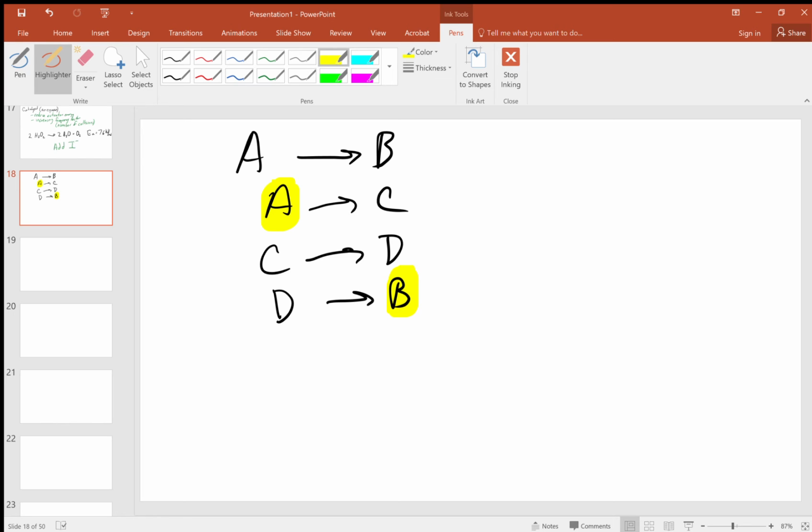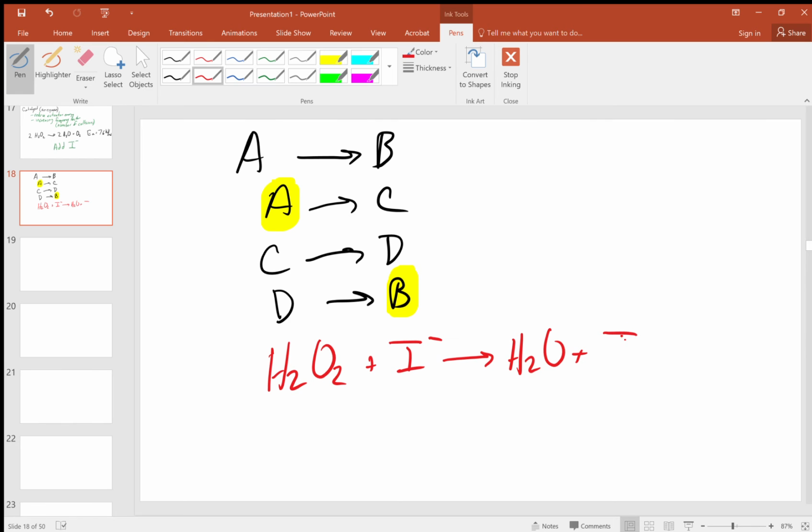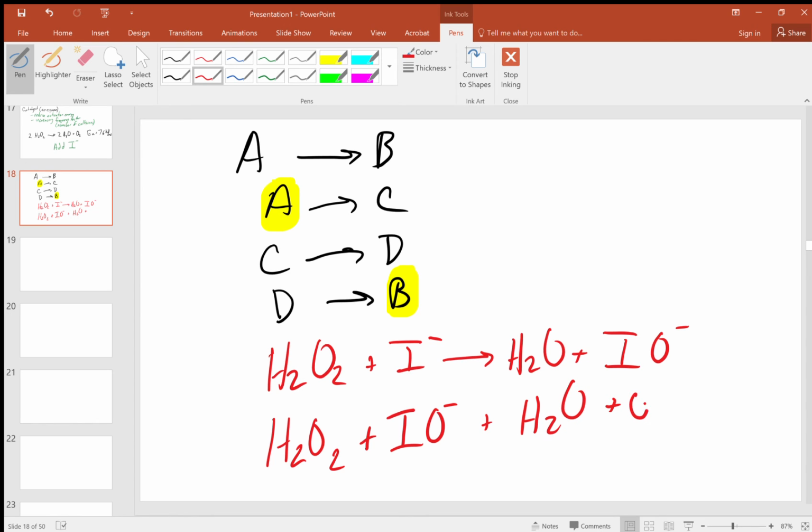And when we add iodide to this decomposition of hydrogen peroxide, the mechanism now takes two steps. So hydrogen peroxide reacts with I- to form water plus IO-. Another molecule of peroxide then reacts with IO- to form water, oxygen, and I-.